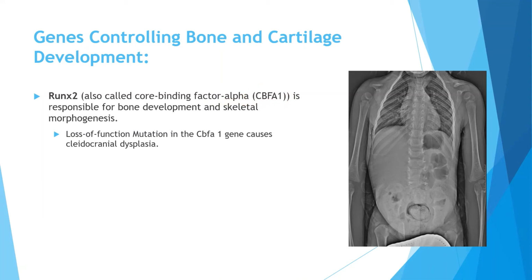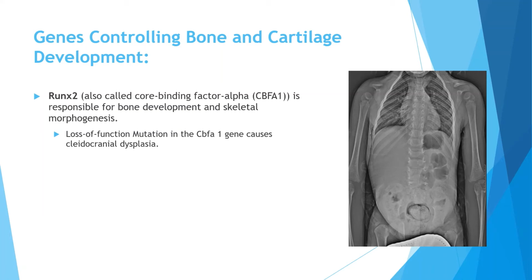And if you have an affection of this gene, as we said in the table in the beginning for the musculoskeletal diseases that are due to genetic defects, you will get cleidocranial dysplasia. So you see here this X-ray, this patient has cleidocranial dysplasia. There is an absent clavicle here, as you can see. So this is cleidocranial dysplasia, and it is due to affection of the RUNX2 or the CBFA1 gene.